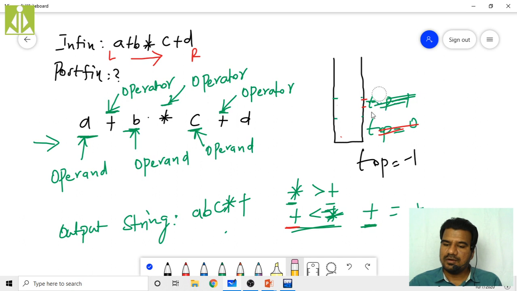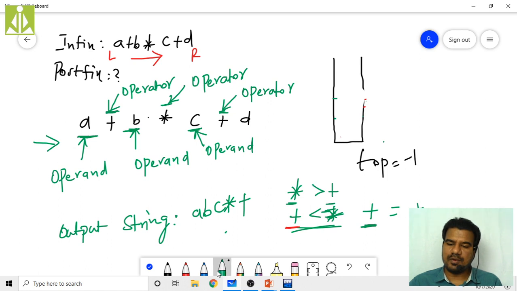So now after popping that plus sign and after popping that multiplication, ultimately my stack is empty now. So what I have to do with this scanned operator?